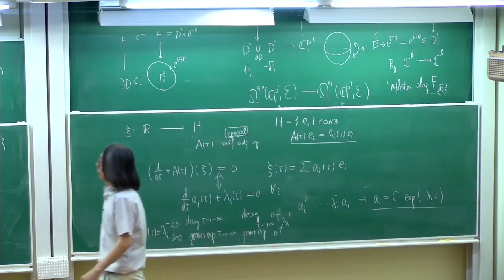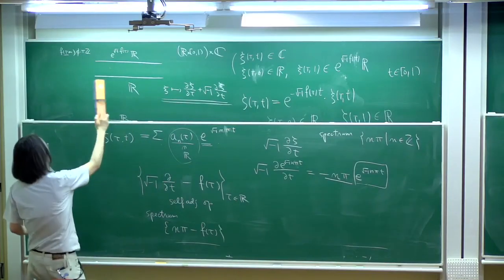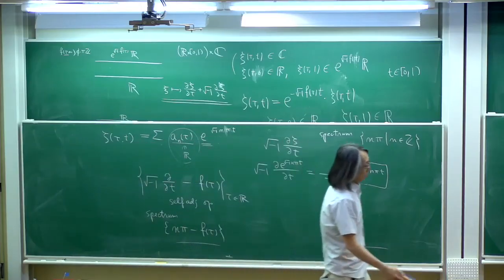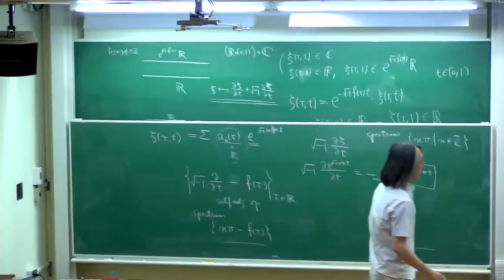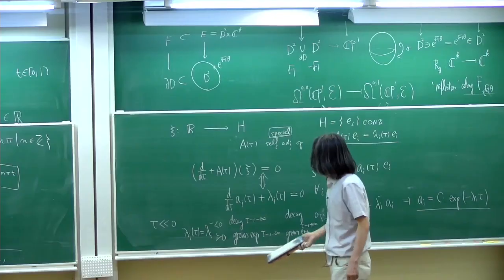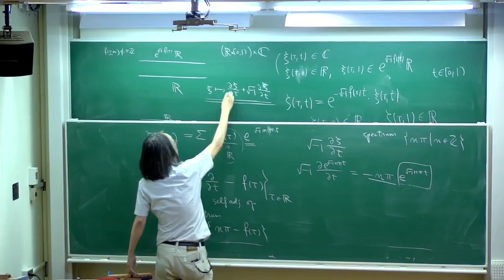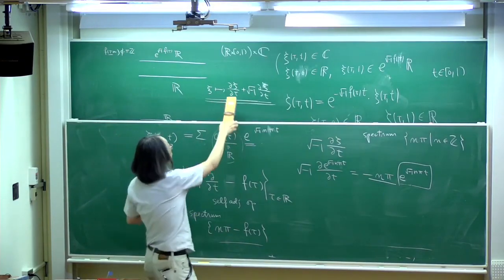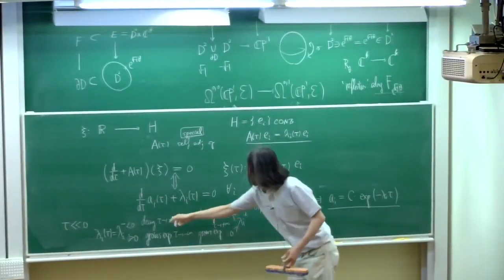And then if you consider the co-kernel of this, you consider the adjoint operator of that, and the situation is getting opposite. So for the co-kernel, the operator is different, because this is a self-adjoint operator, but this is not, right? The adjoint of this is minus d/d tau. So therefore, this part actually changes the sign. So therefore, this behavior changes.